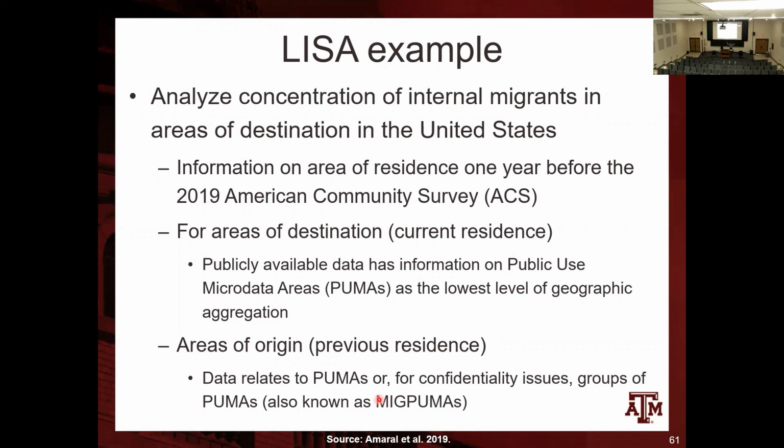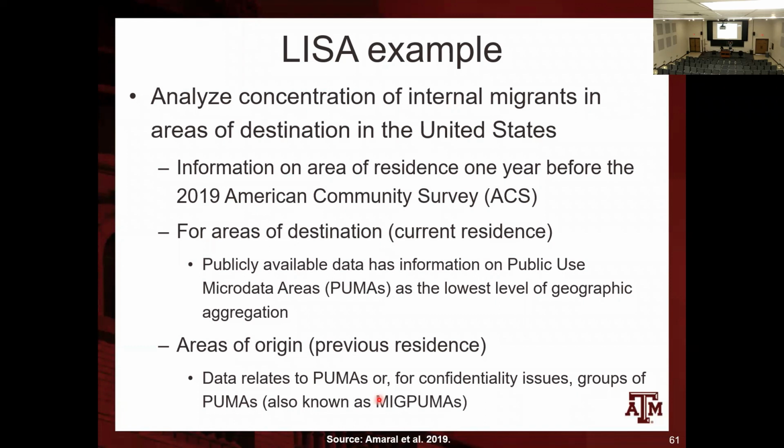So what the Census Bureau does is group some of these PUMAs of previous residence and call them MIG PUMAs. So for this exercise, I also group the PUMAs in the destination. So we have these groups of PUMAs, which are the MIG PUMAs, 1,000 of them, in origin and destination.